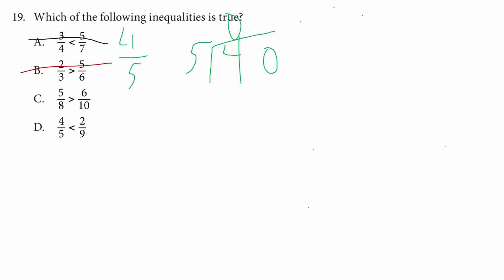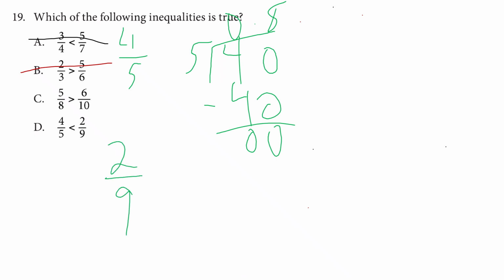Once we add that first 0, 5 goes into 40 8 times. 8 times 5, 40. 0, 0. So that's 0.8. And then we have 2/9. Again, 2 divided by 9. 9 can't go into 2. We add a 0 here.